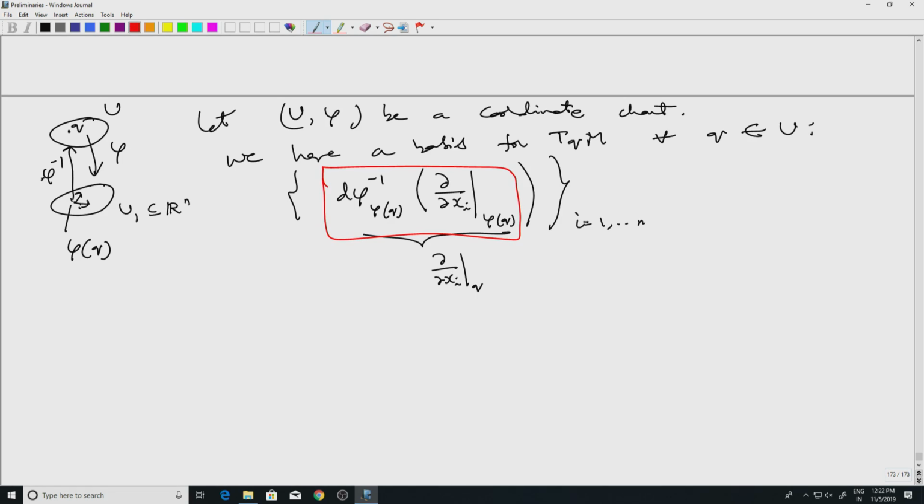As long as that is kept in mind, we can freely use del by del xi at Q.